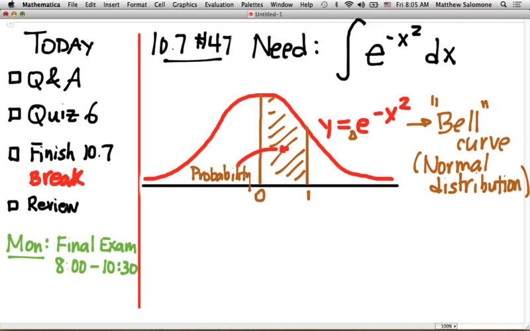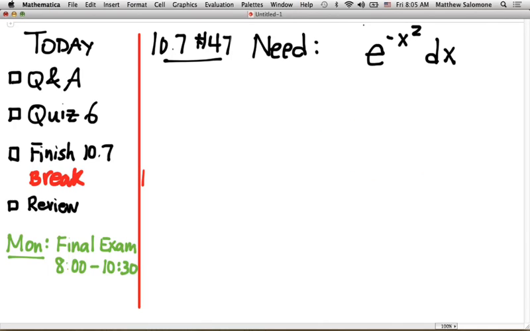That's the background for why we might care about finding an antiderivative for e to the minus x squared, because it can tell us something in statistics about the probability under a normal distribution. But the reason this is an interesting problem for us is that e to the minus x squared, even though it looks like a friendly function, and it is, finding its antiderivative, not so much.